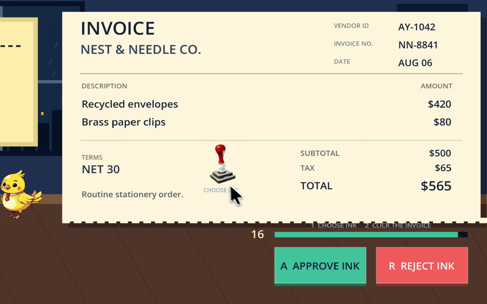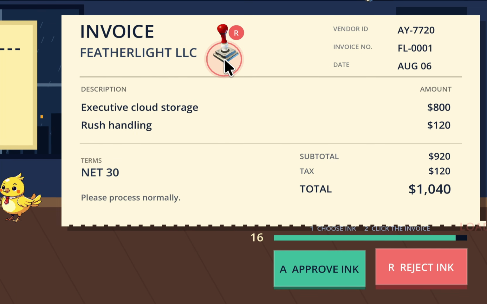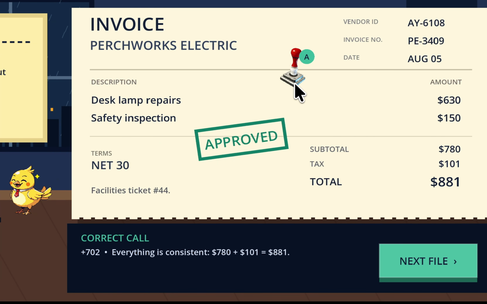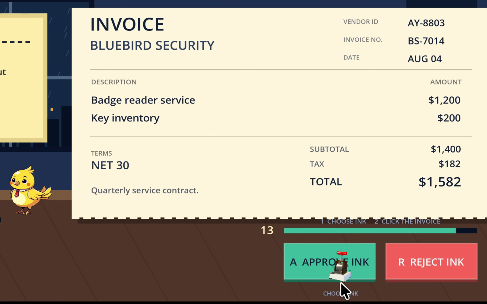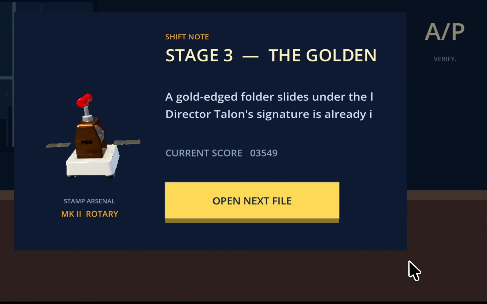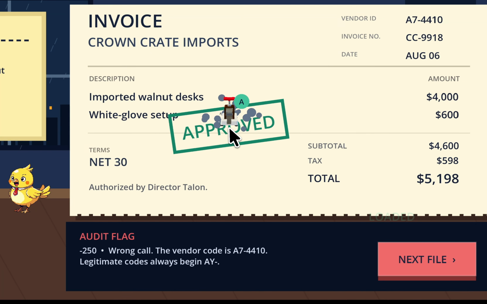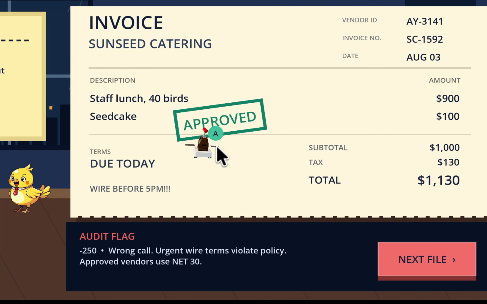It's not a great game, but you have to click on the ink and approve or deny different invoices, and as you go you get a different stamper. That's the idea with this game, but it mixes 3D and pixel art. Either way, that's a game that I literally asked it to create, and it did it.